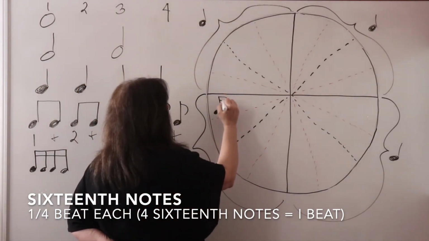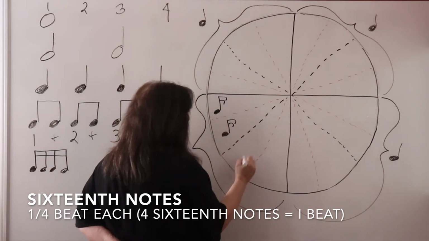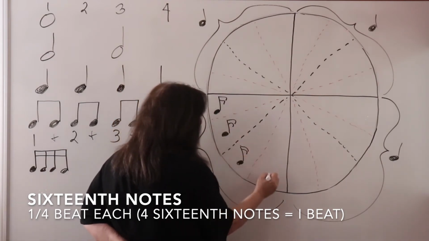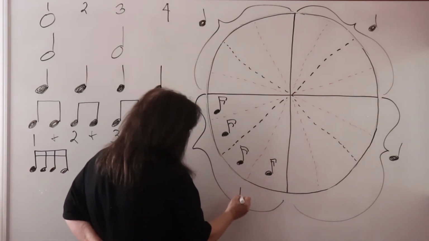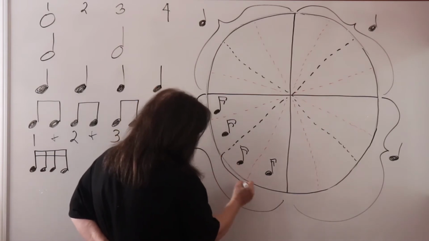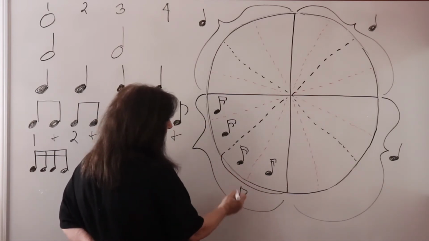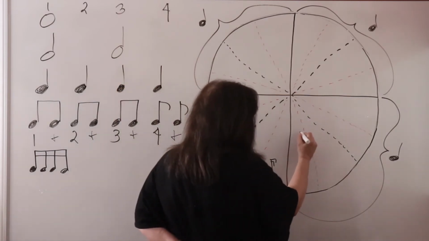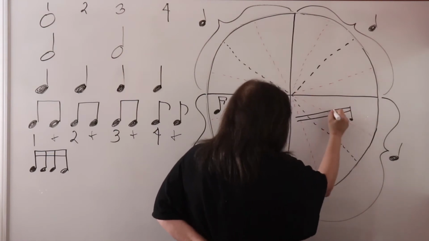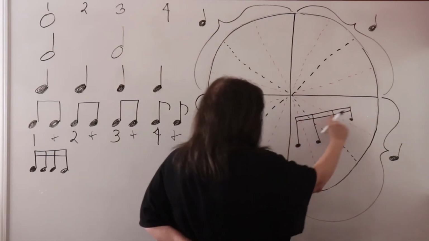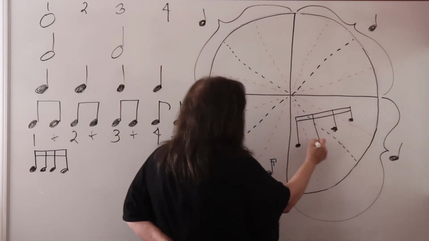Here they are with the flags, 2 flags. The eighth note is the 1 flag, remember. Here's our eighth note right here, and that's this. And so 2/16 equals that eighth note. And if I were to draw it across with beams, connected with the 2 beams, that represents 16th notes.